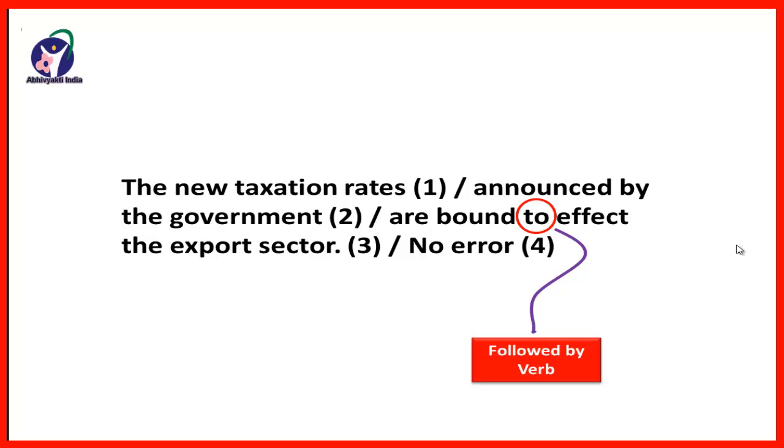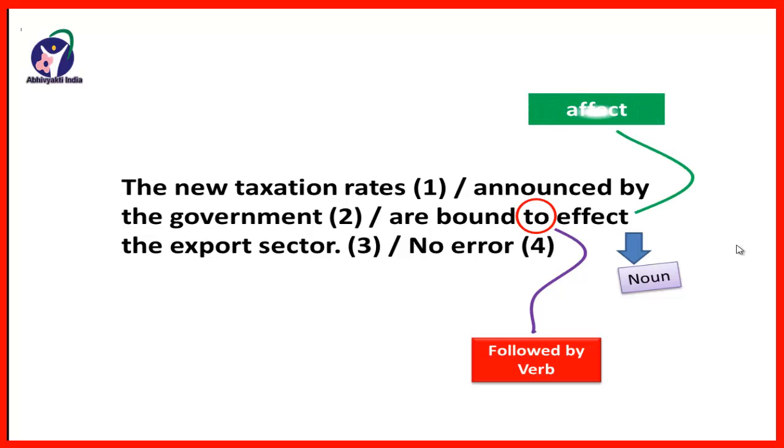This is the very basic rule that the to should be followed by verb, and in the sentence effect is noun, and therefore effect should be replaced by a verb, and therefore it should be replaced by affect and not effect. So the correct sentence will be the new taxation rates announced by the government are bound to affect the export sector.